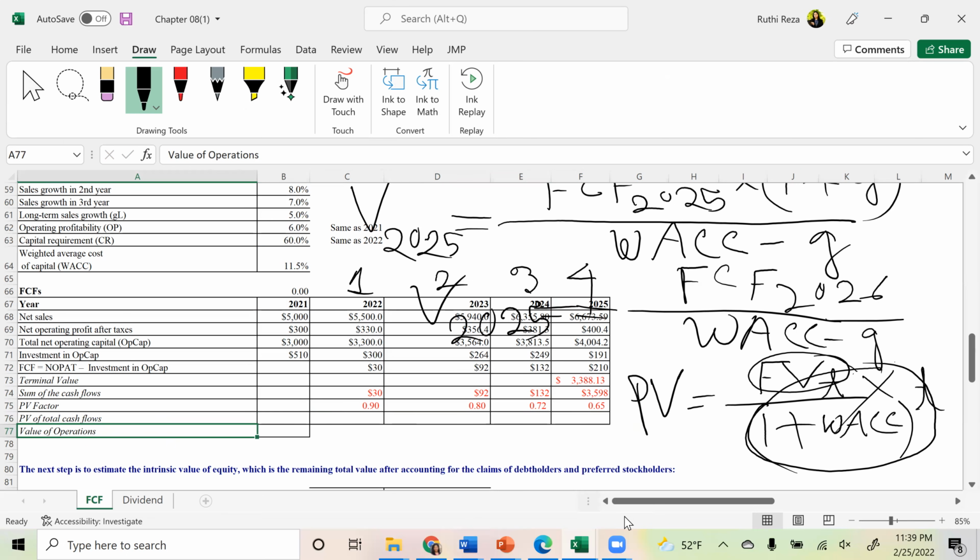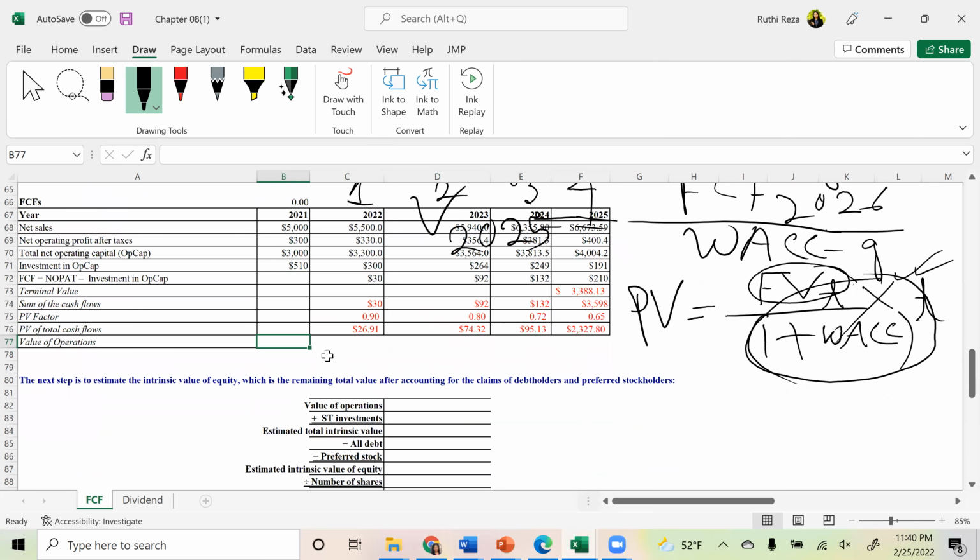We already know our discount factor for all the years, and we also know our future values. In this case, our future value is our sum of the cash flows. So equal our sum of total cash flows multiplied by the present value discount factor.